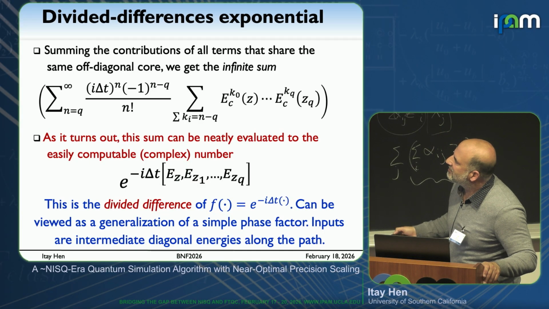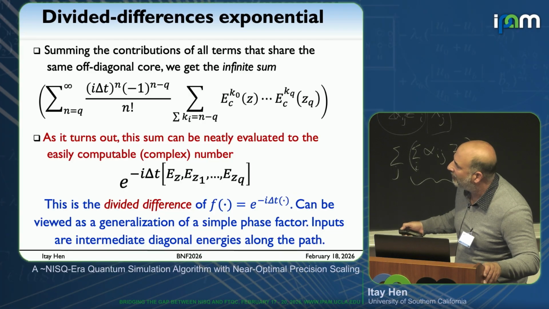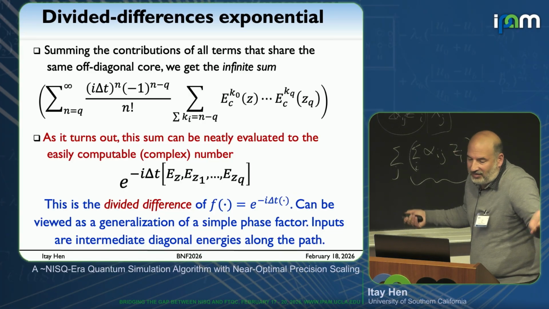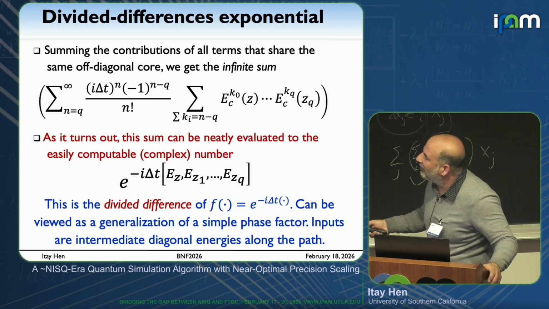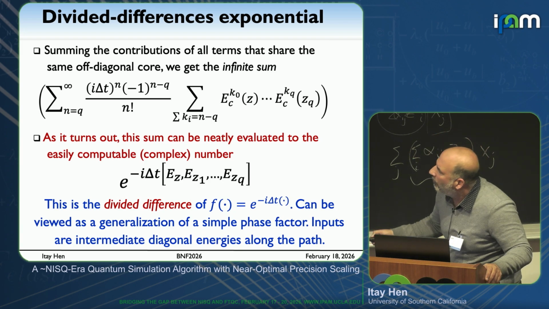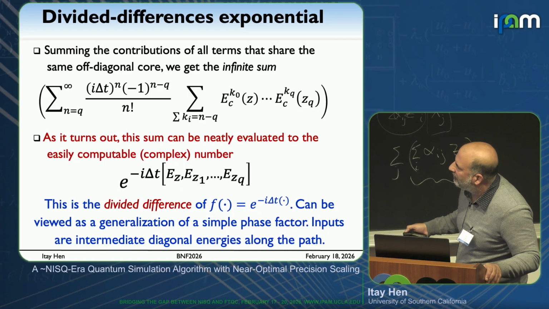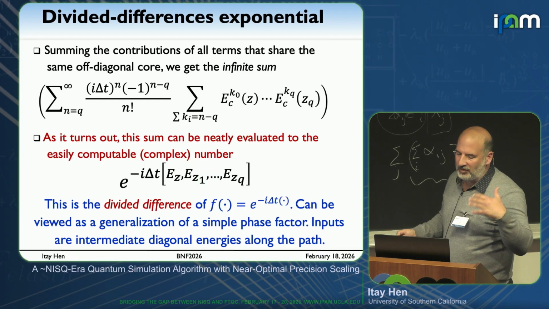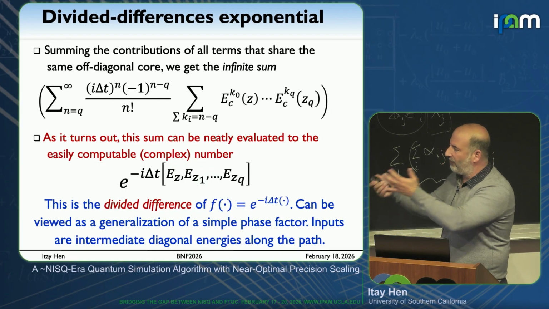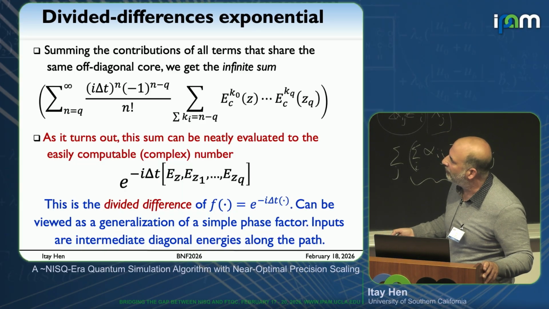And I can sum up all these constants, and it looks like a very nasty sum, but the amazing thing that was very surprising was that this whole very complicated sum turns out to be something that is called the divided difference, which I didn't know before I saw it, so probably it's new to many of you.